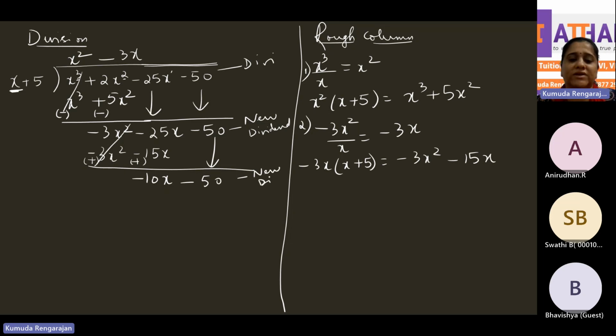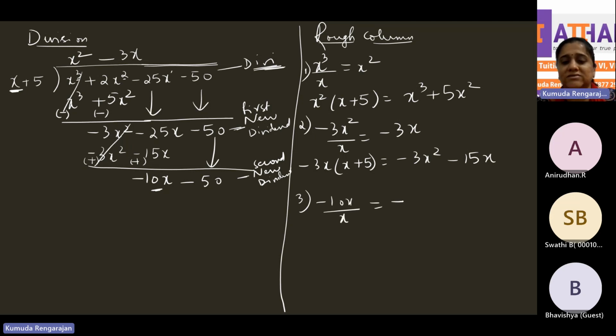This is the first new dividend. This is the second new dividend. Divide the first term of the second new dividend, that is minus 10x, by the divisor x.